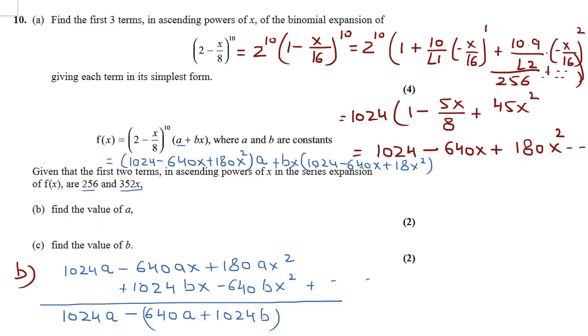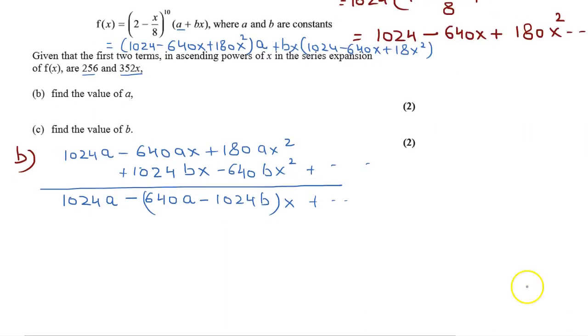If I take this negative out, I have to write this also as negative. So this will also be negative x plus other terms. Now it's saying this term is equal to 256 and this term is equal to 352.